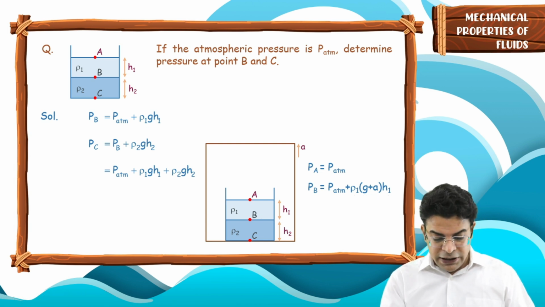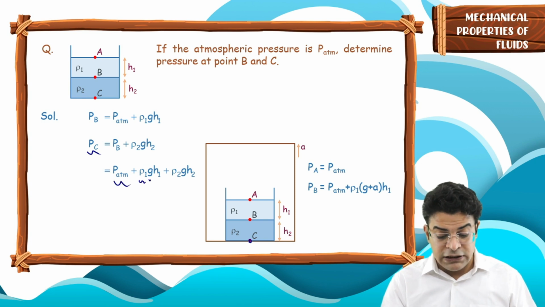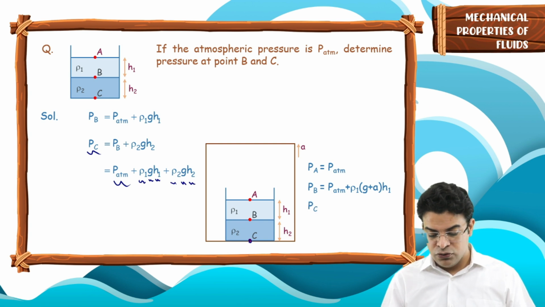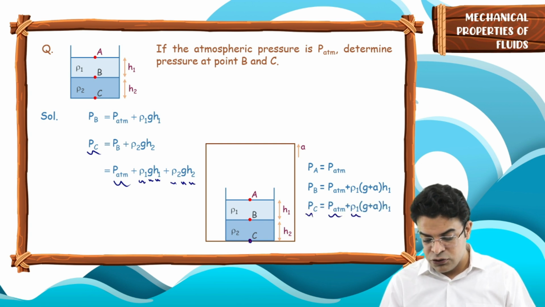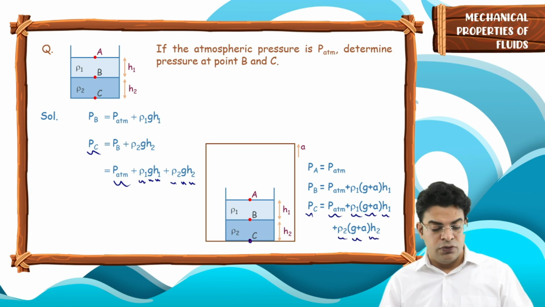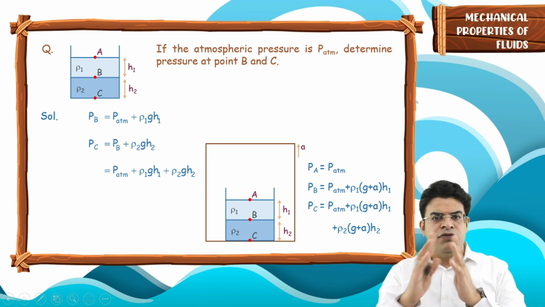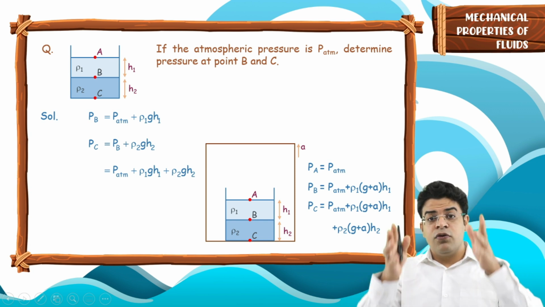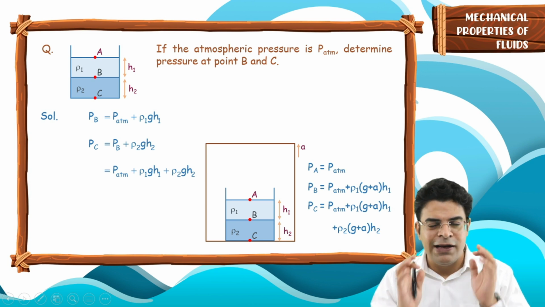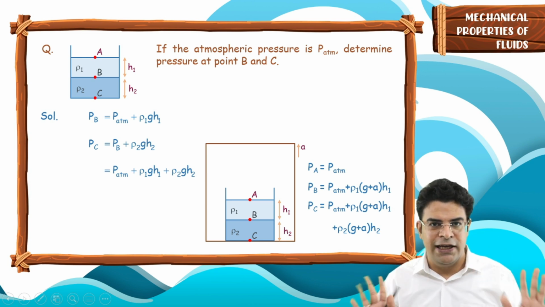Similarly, the pressure at C now will be P atm plus ρ1 (g plus a) h1 plus ρ2 (g plus a) h2. So if the lift goes up with an acceleration a, everywhere in place of g substitute g plus a. If the lift goes down with an acceleration a, everywhere in place of g substitute g minus a.